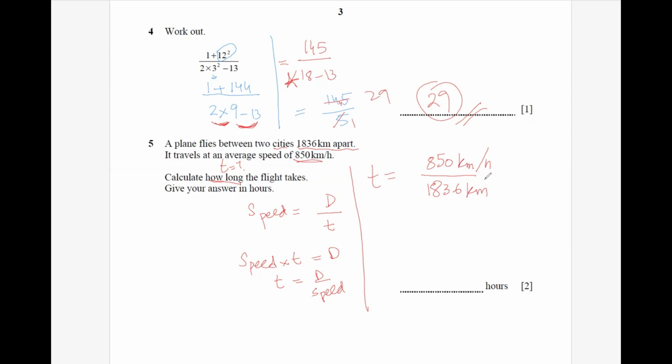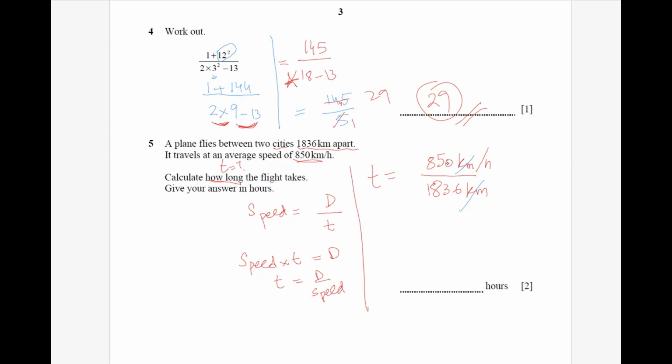So we can cancel this kilometer, and dividing 850 by 1836, that would give me the answer. Actually, we have done it the other way around. Distance divided by speed.